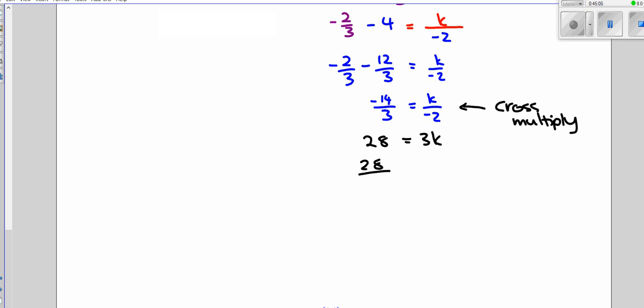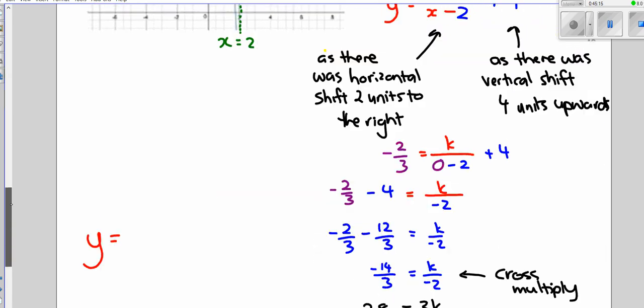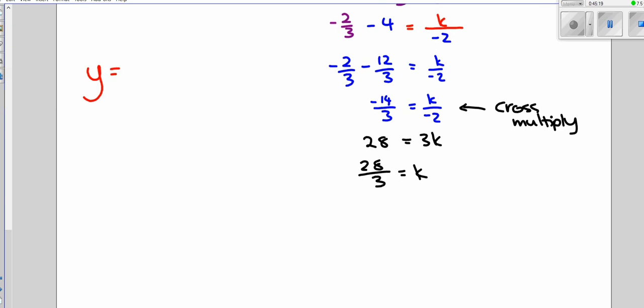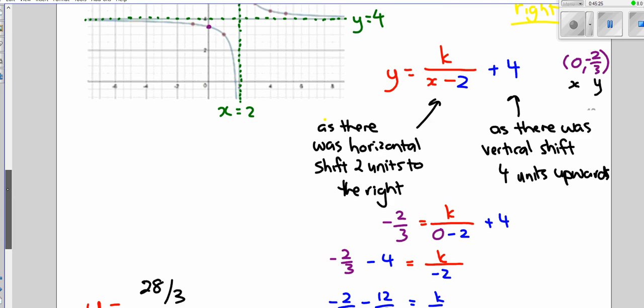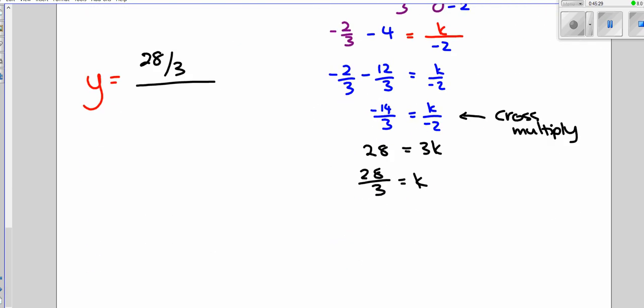So our function is really awkward. Our function is going to be y equals, going back to what was here, k, which you could write as 28 over 3, normally it's a nice whole number, it's a pretty advanced one, over x minus 2 plus 4.